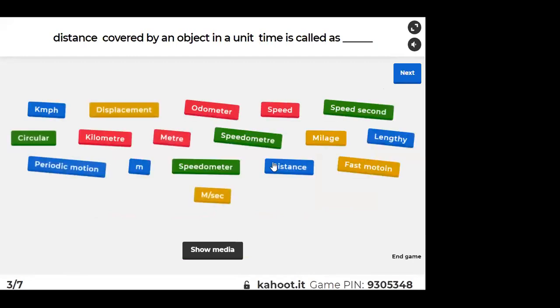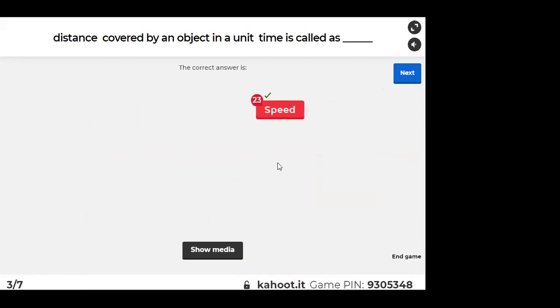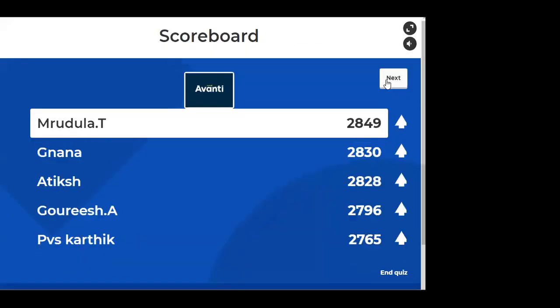How come I got this much answer? Speed, that's it. Speedometer and all. This is just speed, basic definition. Yes or no?